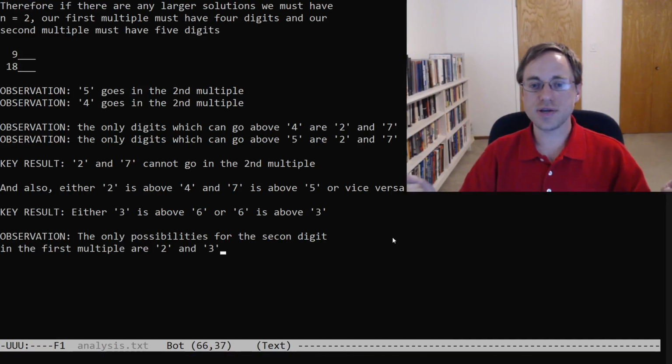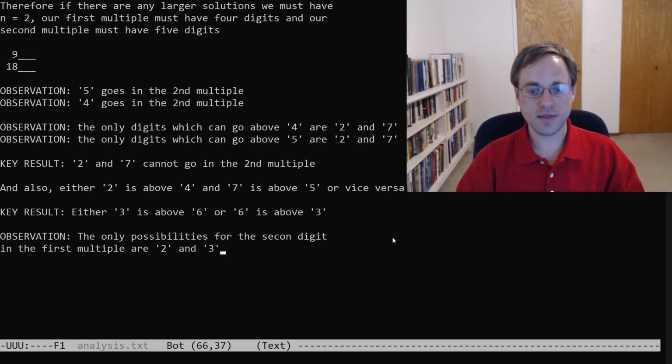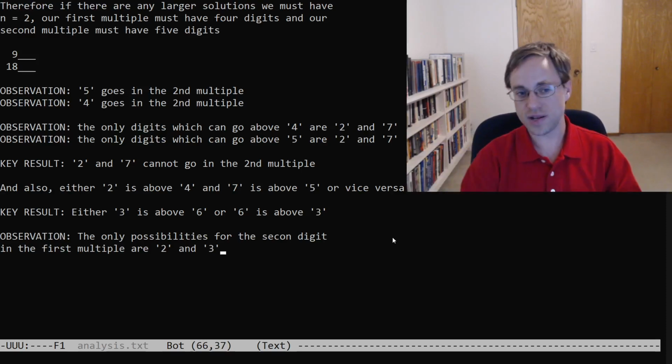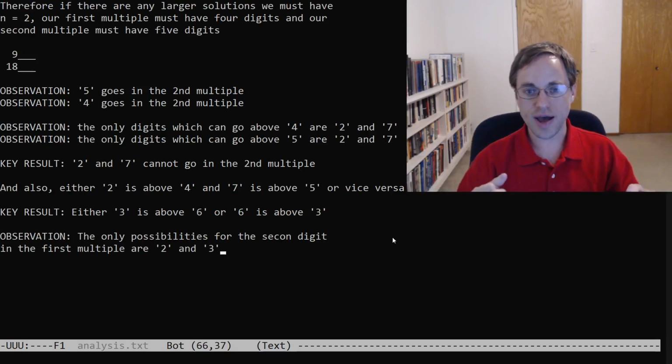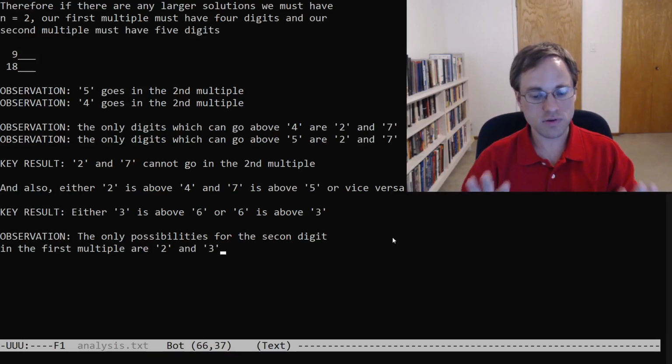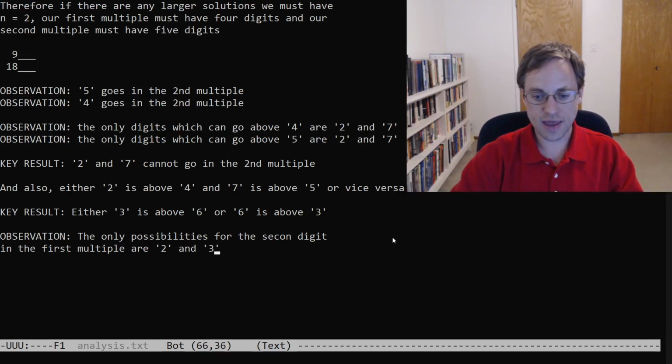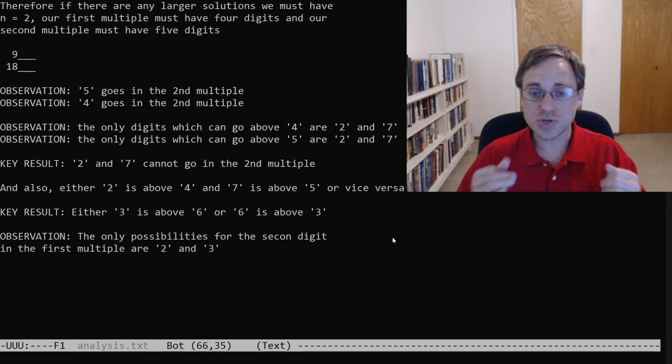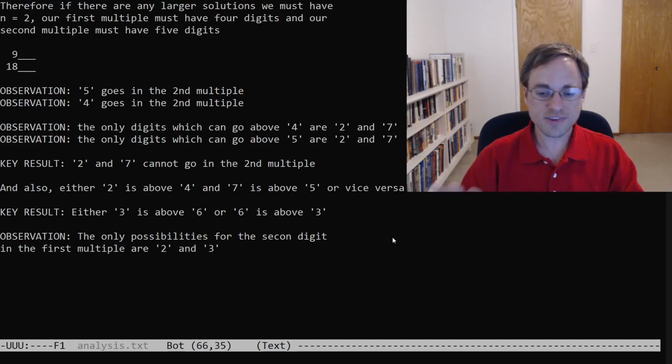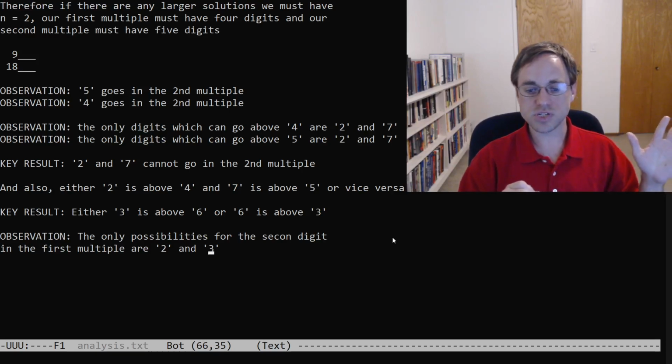And since we're trying to maximize the value of our final answer, it makes sense to try 3 first. Now, there's no guarantee that there are any answers which have a 3 in the second position.